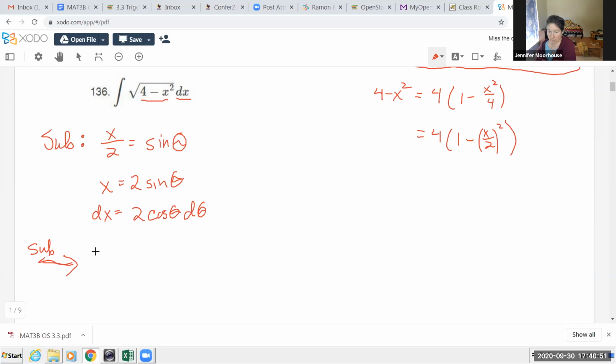We get the integral of the square root of 4 times 1 minus sine squared theta, since 4 minus x squared is 4 times 1 minus x over 2 squared, and the dx becomes 2 cos theta.